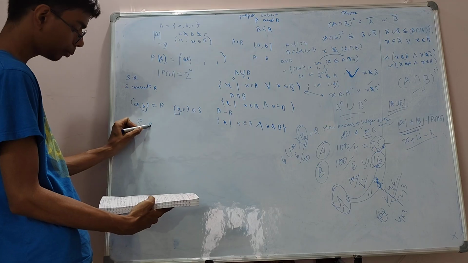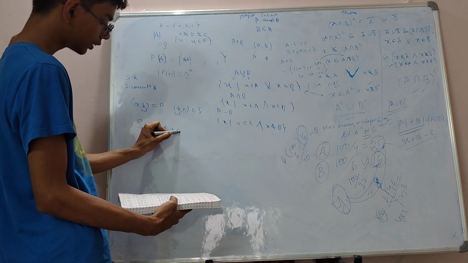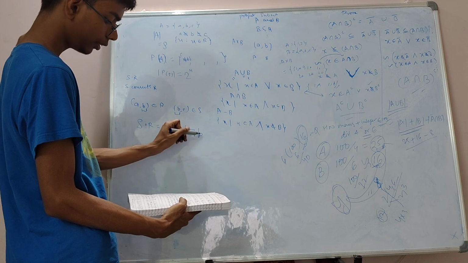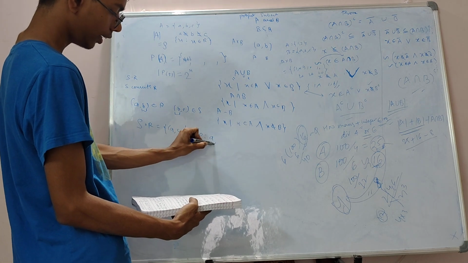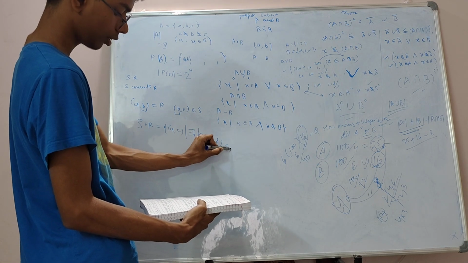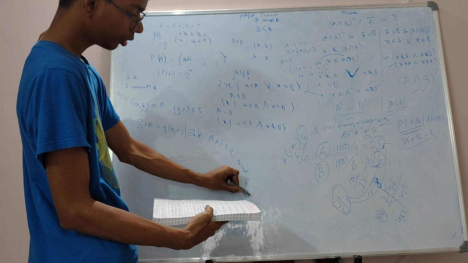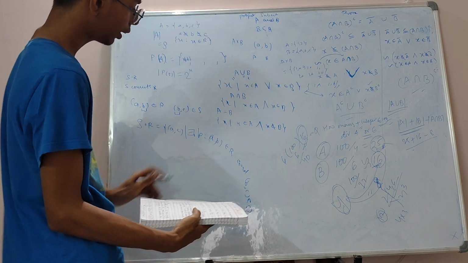So S∘R will be simply (a, c) for which there exists b such that (a, b) belongs to R and (b, c) belongs to S, right?